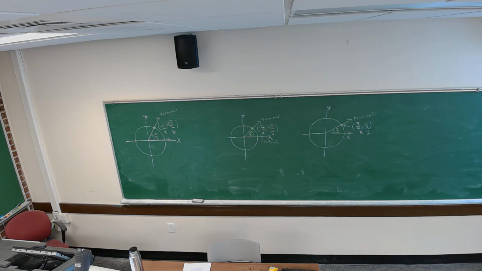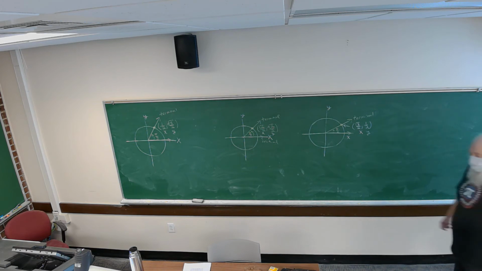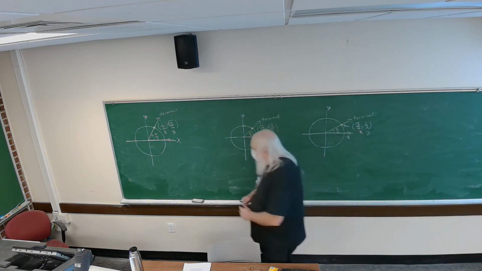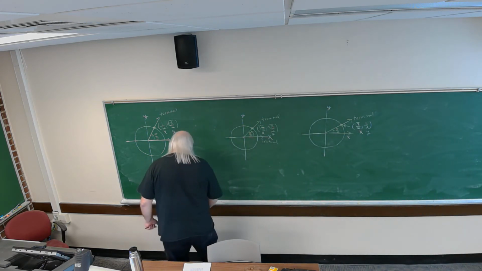So using this congruent angle in the first quadrant, we can calculate the value of sine and cosine for this angle t in the second quadrant, this angle t in the third quadrant, and this angle t in the fourth quadrant, using the congruent angle for each of those cases.